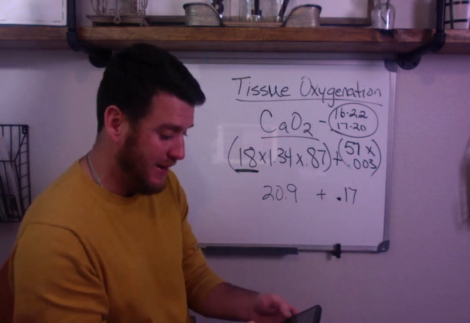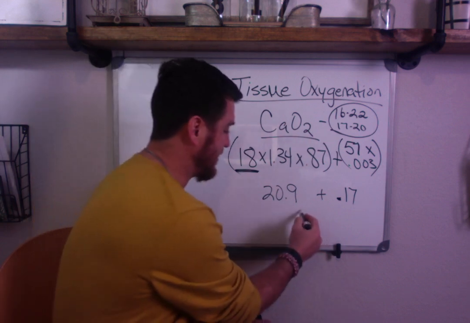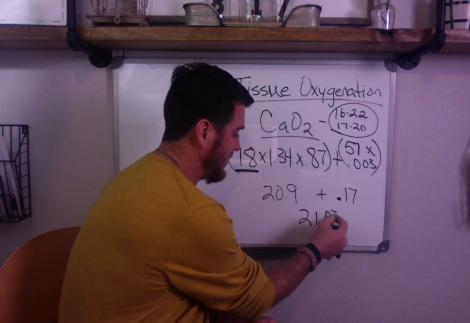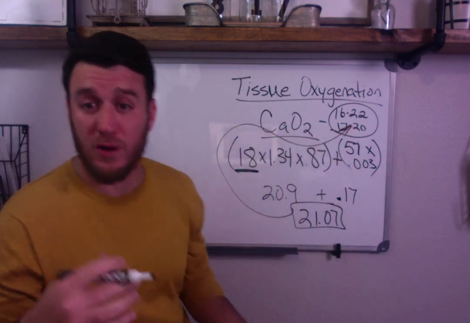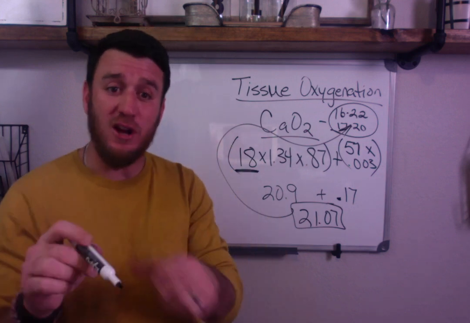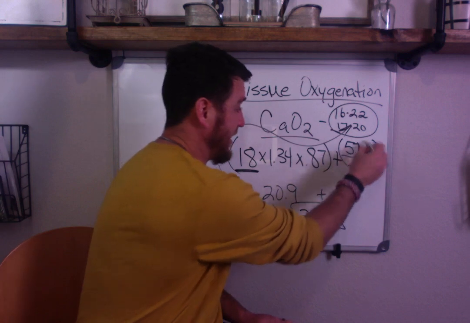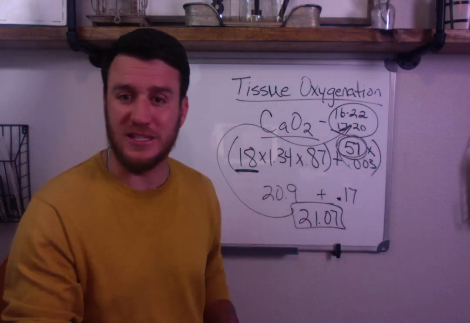And we add that back to 20.9, and we get a carrying capacity of 21.07. Now that is a normal carrying capacity. And that tells you that even though this patient would be classified as hypoxemic, this patient is not hypoxic.